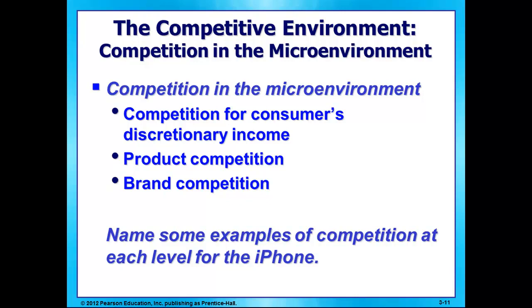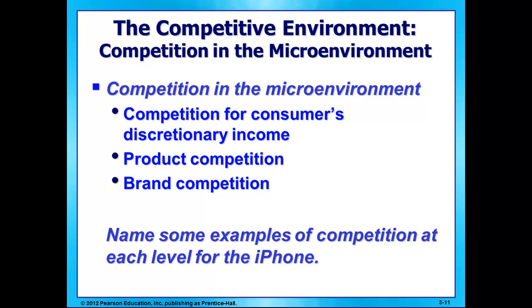So, for example, if you're hungry, you can choose to meet that need by going to a fast food restaurant, or you might choose to meet that need by going to a grocery store and picking up food to make your own meal. Product form competition is between indirect competitors that often compete in different industries.